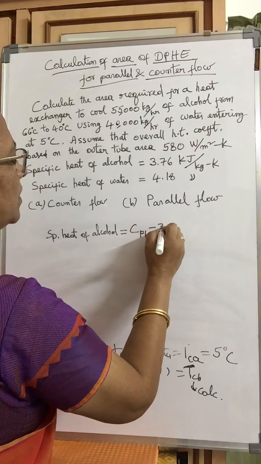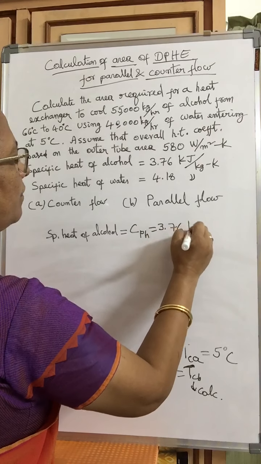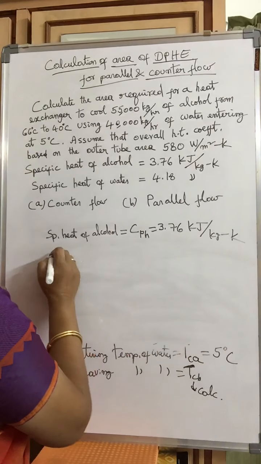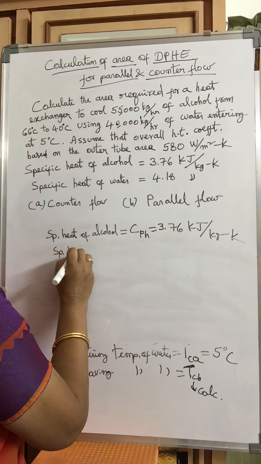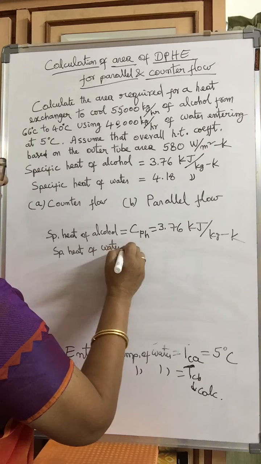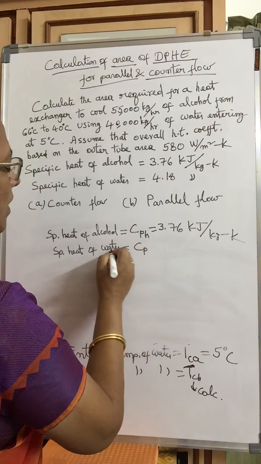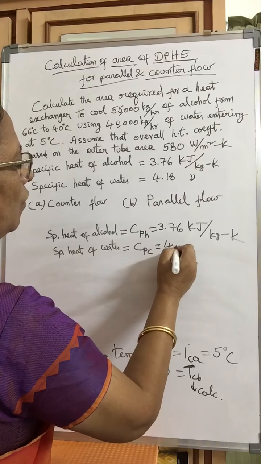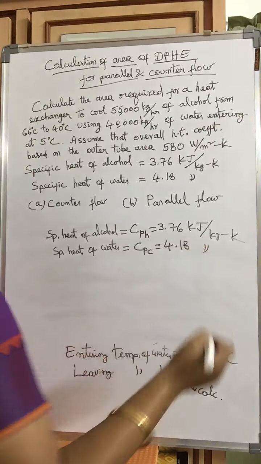So Cp_h is equal to 3.76 kilojoules per kg per Kelvin. Then the specific heat of water. Specific heat Cp, water is cold fluid, so Cp_c is 4.18, same units.